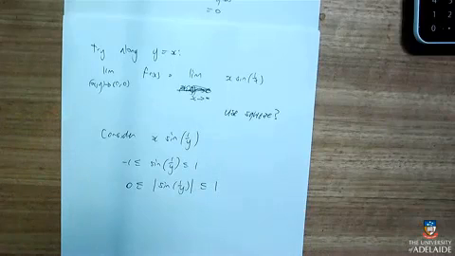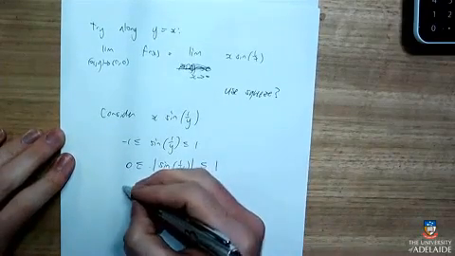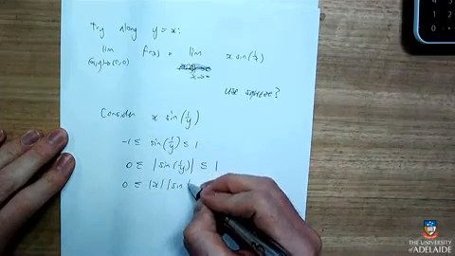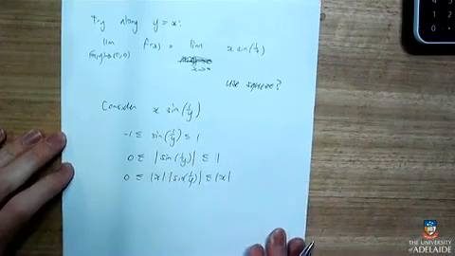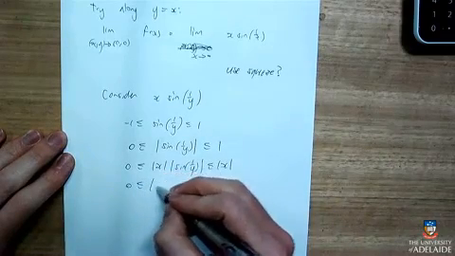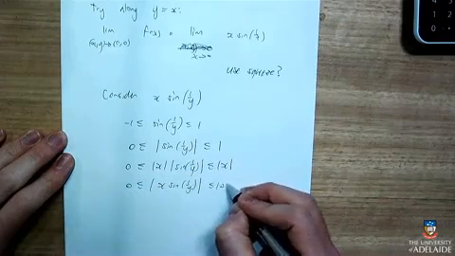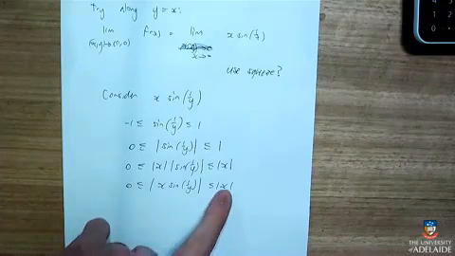So the absolute value of sine is between 0 and 1. And now if I multiply everything by the absolute value of x, I get that. And the reason I did that is so that I didn't have to switch my inequalities around, because I've multiplied by a positive number.